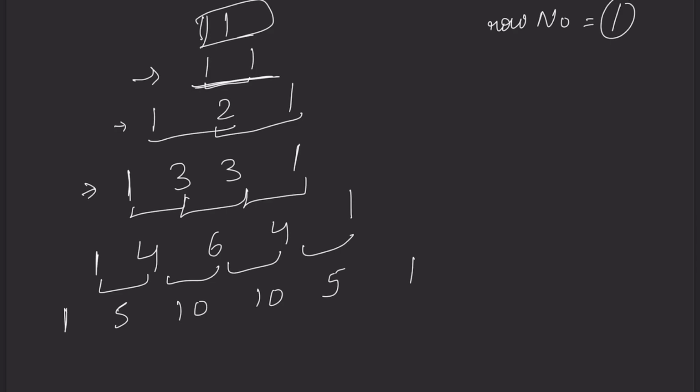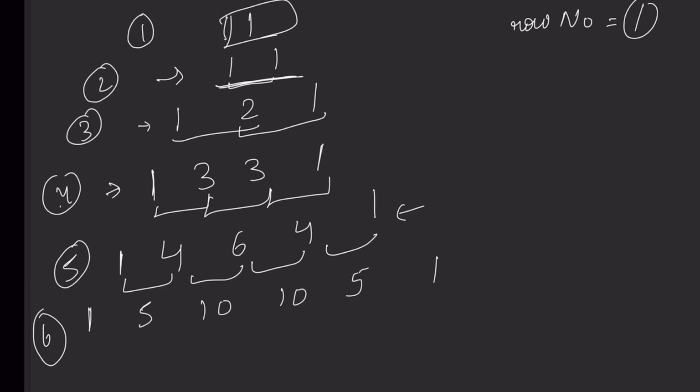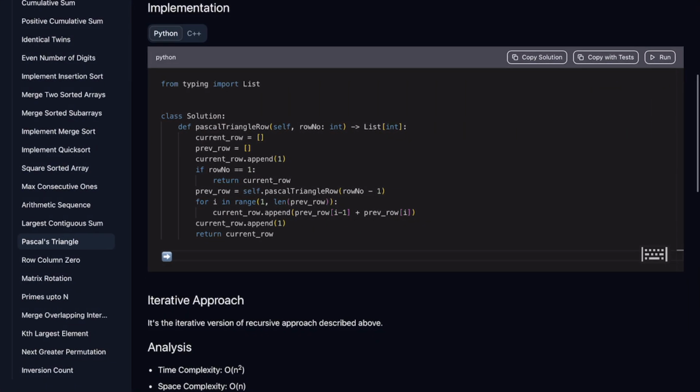Row number 5 is this one. This is row number 1, this is 2, this is 3, 4, 5, 6. So you have to get row number 5. So the recursive solution, let me copy the solution.